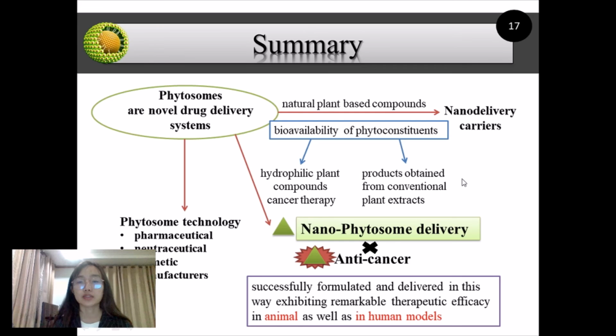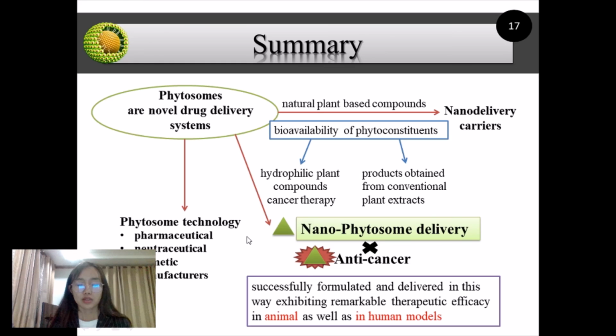This is the bioactive ability of phytoconstituents. So, nano delivery carriers are developed using the phytosome technique, utilized in pharmaceutical, nutraceutical, and cosmetic manufacture.